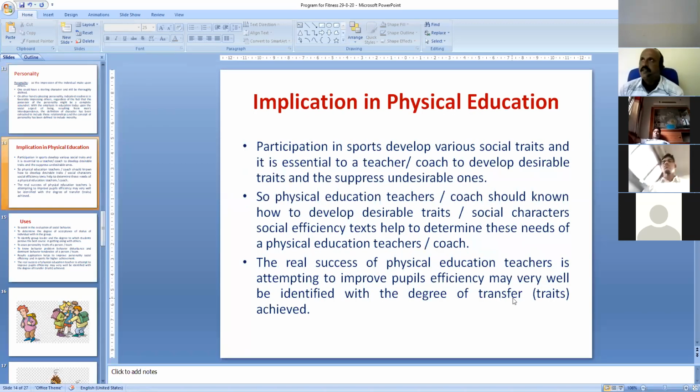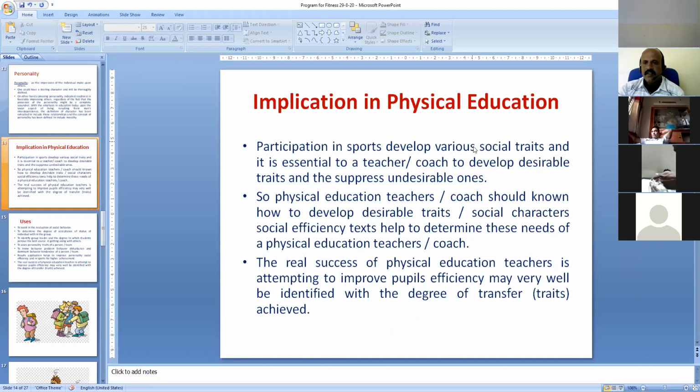And let us come to our field, how it is related to physical education and sports. We who handle these sports activities, why should we study these psychology and sociology aspects?